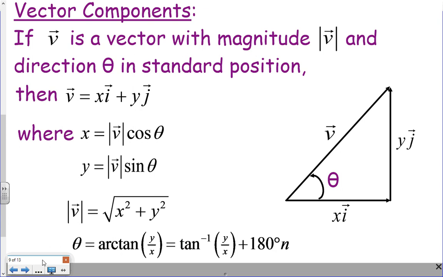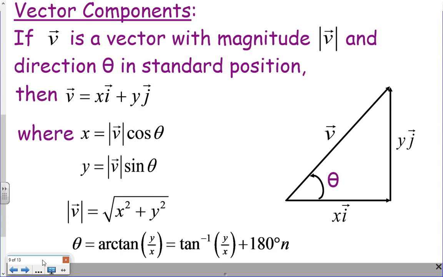Realize that all we're looking at here is a vector sum. We're doing vector addition, and we're breaking down vector v, thinking of it as a resultant vector, and coming up with the two components that add up to give us vector v. I want one component to be horizontal and the other one to be vertical, though. So every vector we can break down this way.